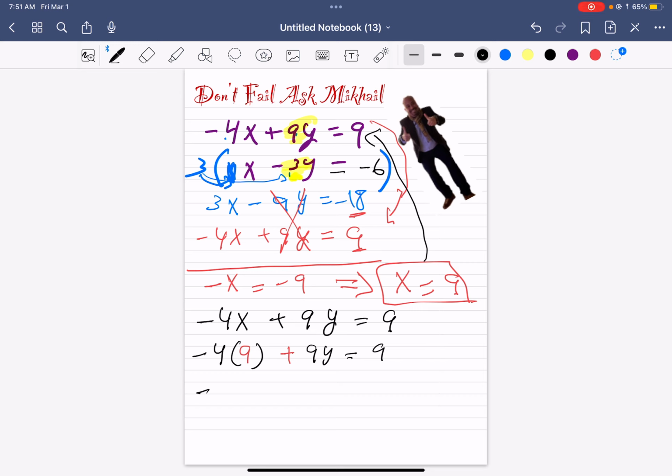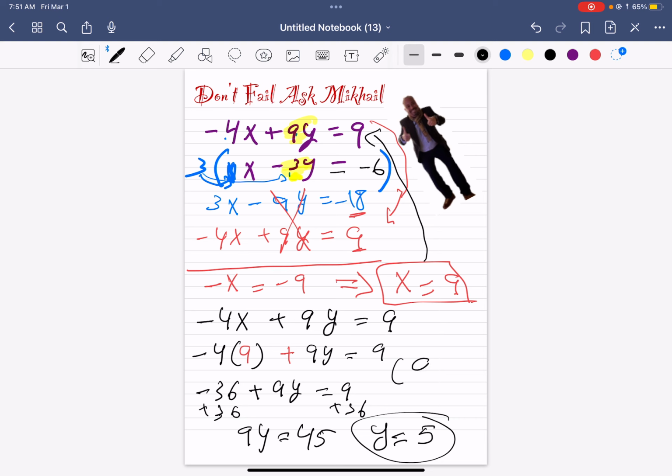That will make it negative 36 plus 9y equals 9. Add 36. That's 9y equals 45. That will make y equal to 5. So my point is x is 9, y is 5.